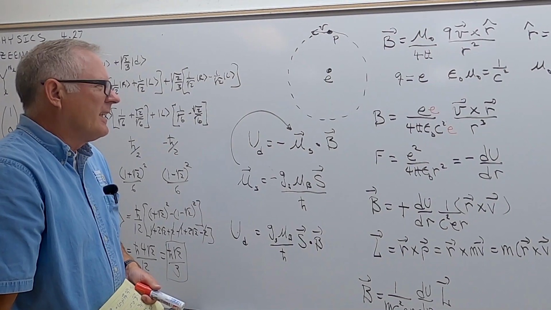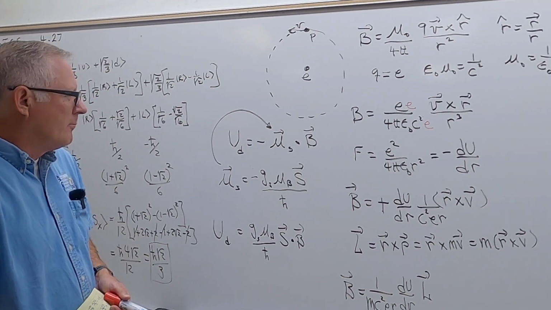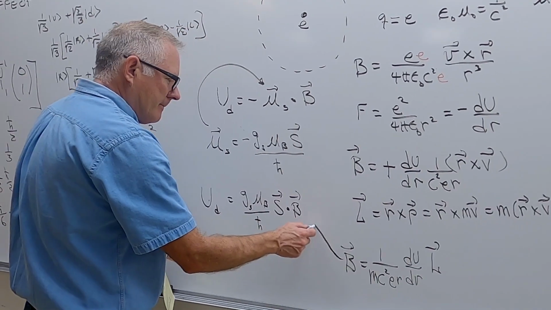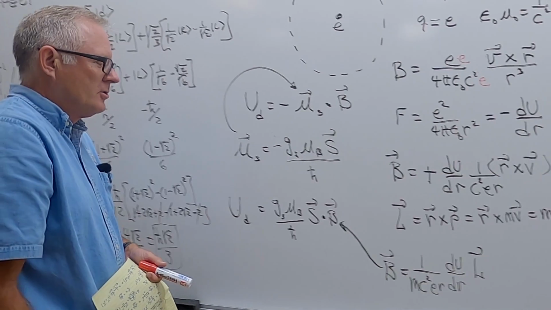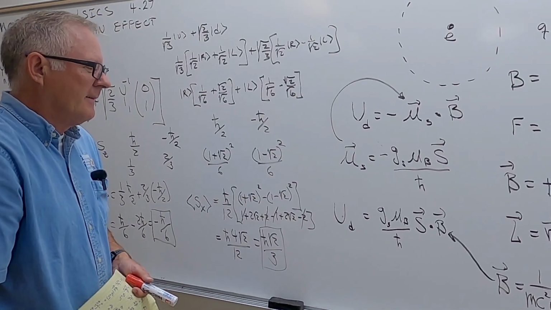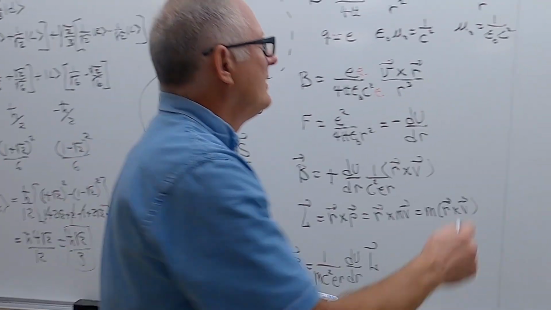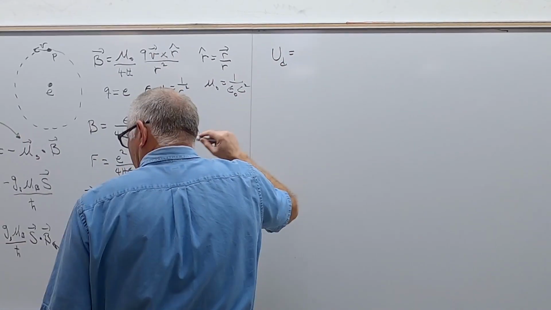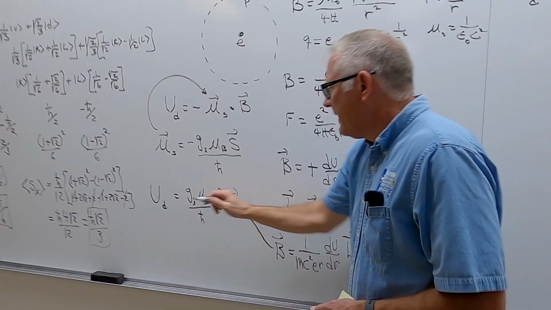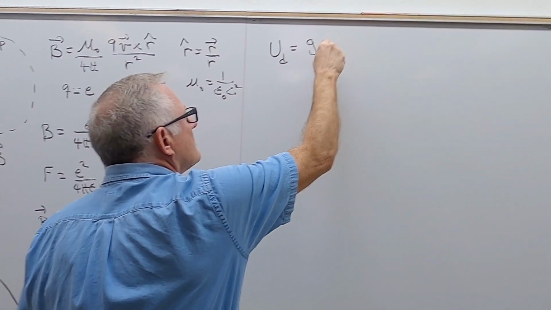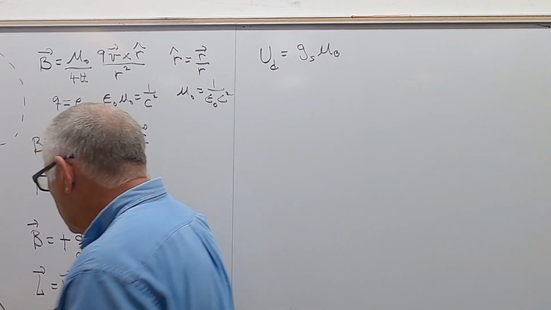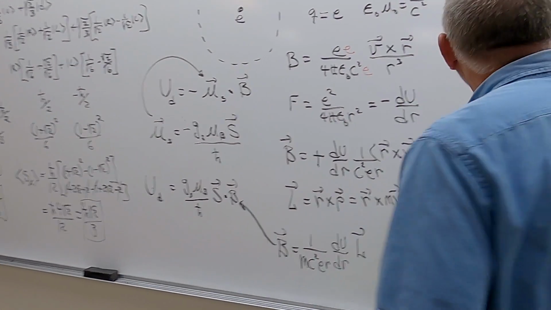And so now I can take that magnetic field and put it back right up into here. So we'll put that magnetic field right there. And we got U is equal to g sub s mu B over h bar.